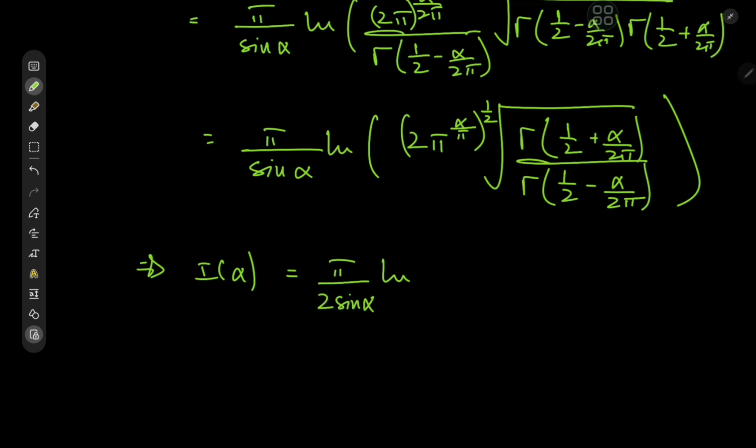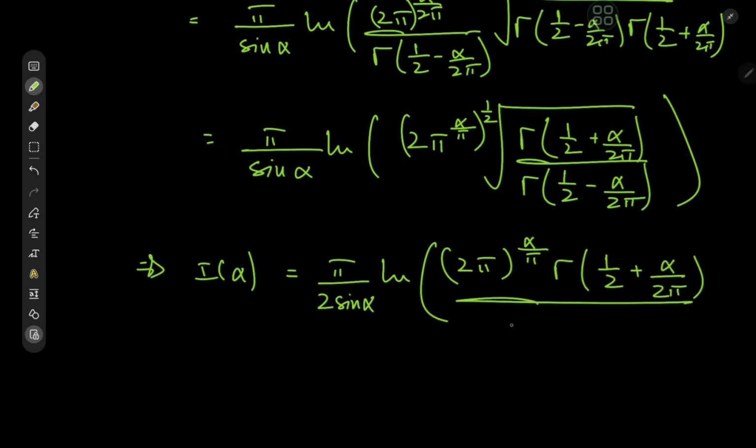We'll write it over here, and we have log 2 pi to the alpha by pi times gamma 1/2 plus alpha by 2 pi divided by gamma 1/2 minus alpha by 2 pi. Wow, that was insane. I absolutely loved the solution development.